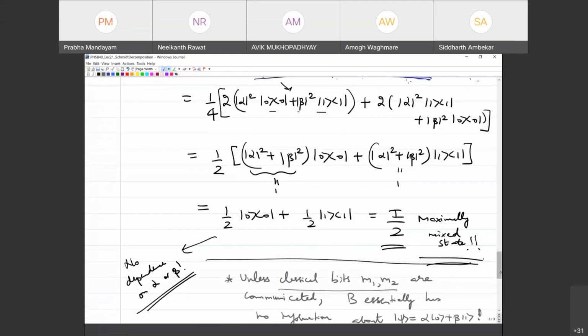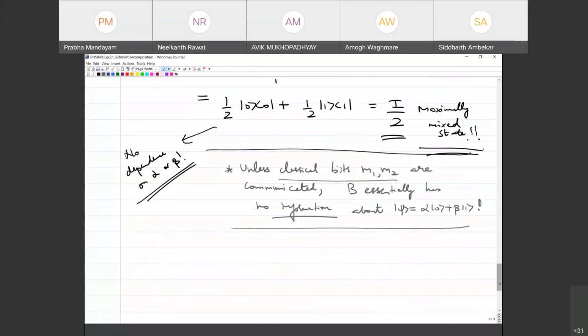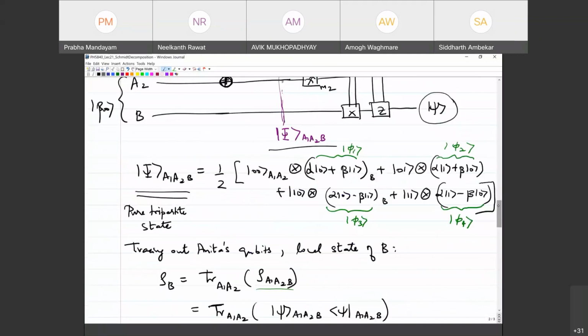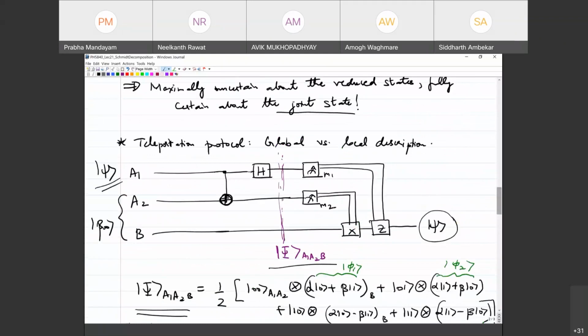So this often is talked about as an information causality principle, that although it appears that once A measures, somehow B's state has collapsed into something, information about this collapse does not propagate to B unless these classical bits are communicated.